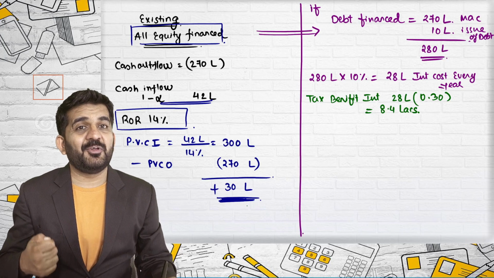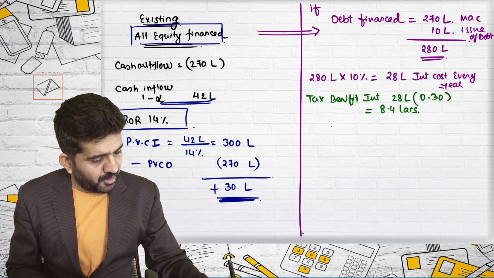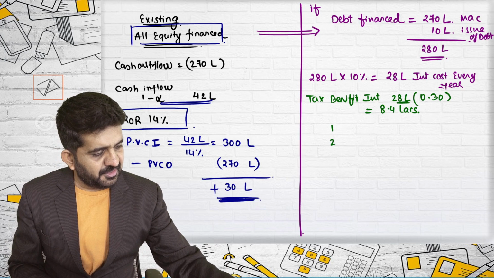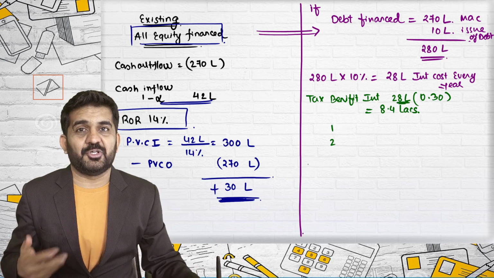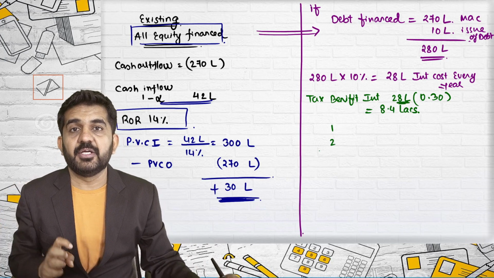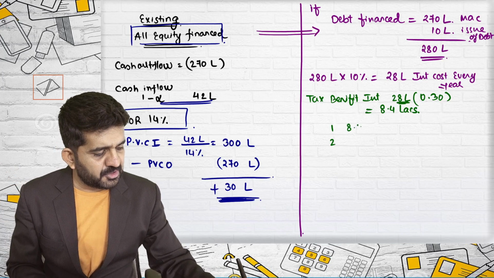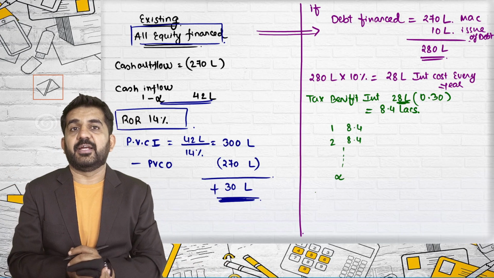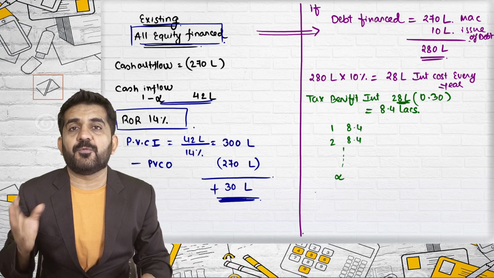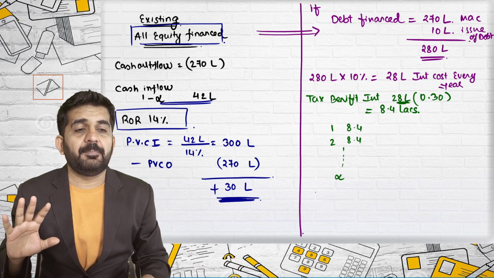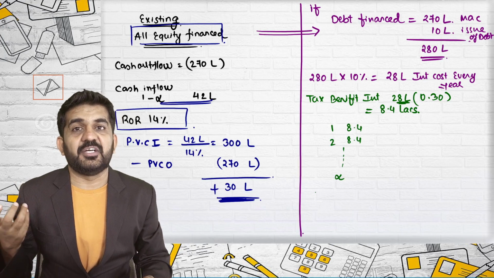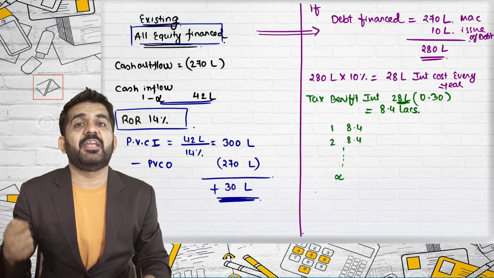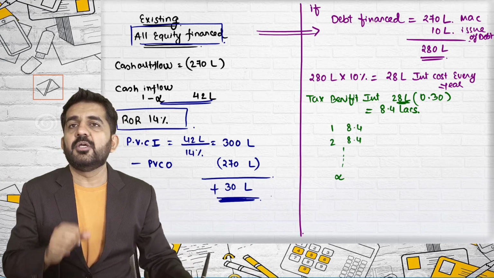Tax benefit on interest will last for how many years? This interest I will be paying in first year, second year, third year, fourth year, fifth year up till infinite. So tax benefit on interest of 8.4 lakhs will be also up till infinite. Had I borrowed debt for this project, I would be paying 28 lakhs rupees interest every year, and so my tax benefit on this interest is 8.4 lakhs.